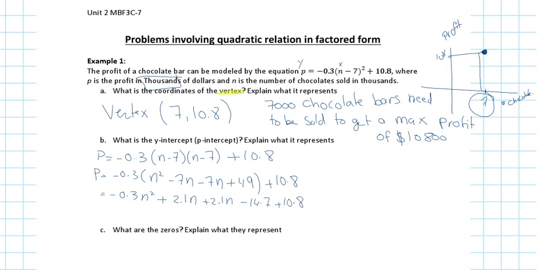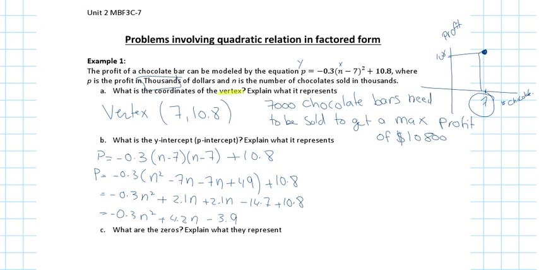So I distributed the negative 0.3 in. And now I can collect like terms. 2.1n and 2.1n, they add up to 4.2n. And then that's going to be negative 3.9. So is it now in standard form? Yes.